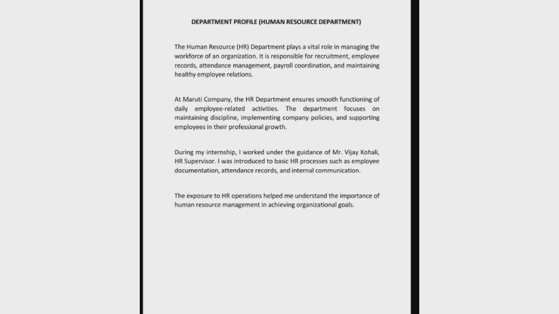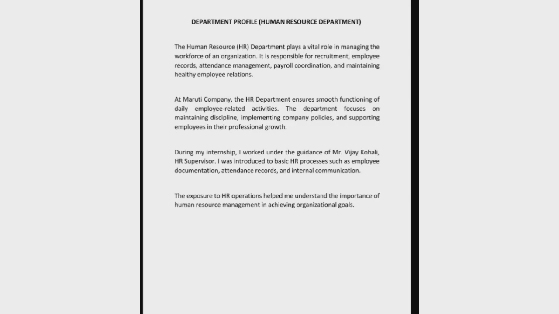You work in the research department, the manufacturing department, or the finance department. Describe your department's work. For example, if you work in the HR department, you explain the role of HR, managing employee attendance and documentation, playing a role in coordination and employee communication. This shows understanding of a department's functioning.